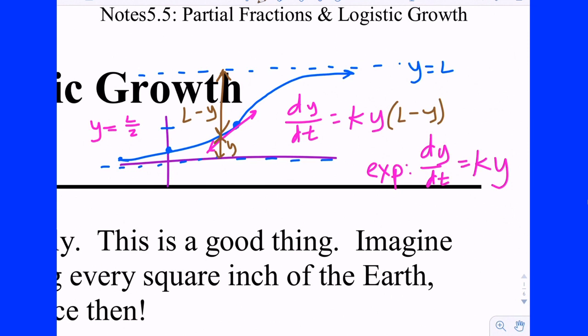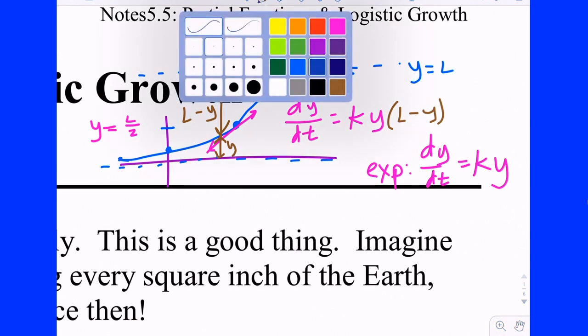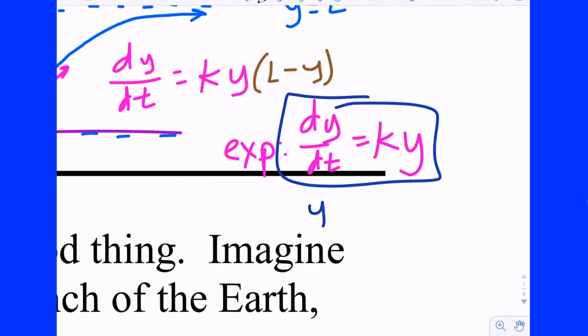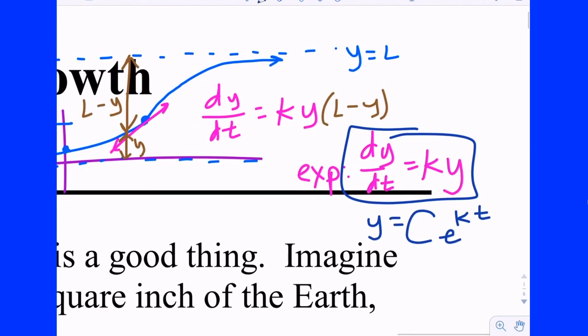So dy/dt is not just equal to k times y. That would be purely exponential. And if that's the case, what is the general solution to the purely exponential equation? I already said it. y equals the sect equation, right? Ce to the kt. What we're going to do in this section is we're going to develop the general solution for the logistic scenario, which is dy/dt equals ky times L minus y, where L is your limit to growth.